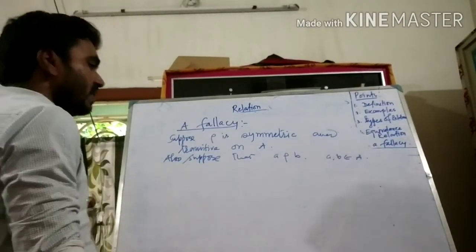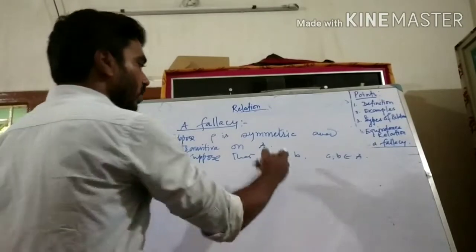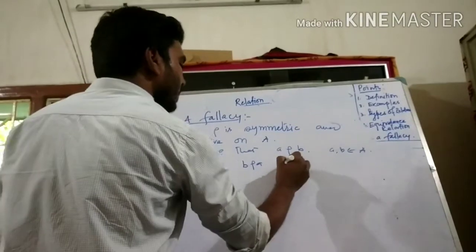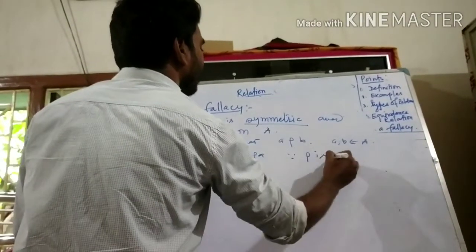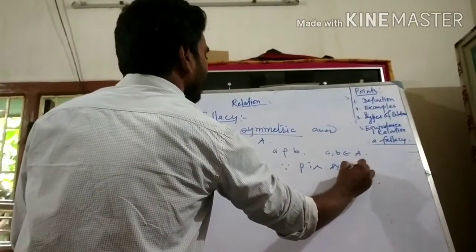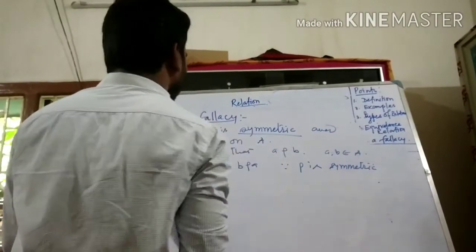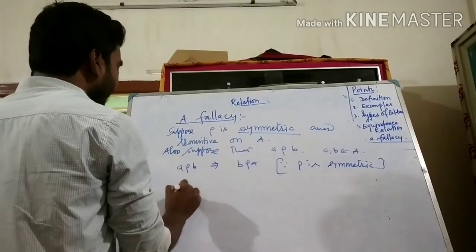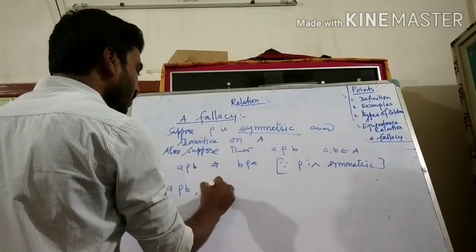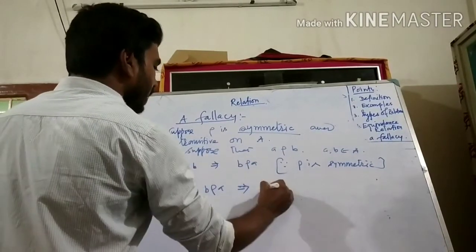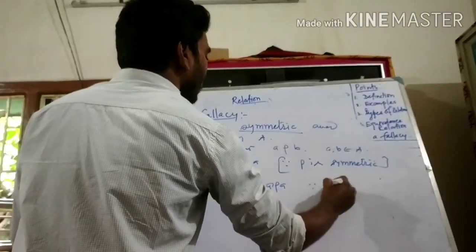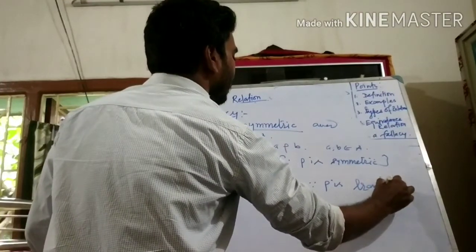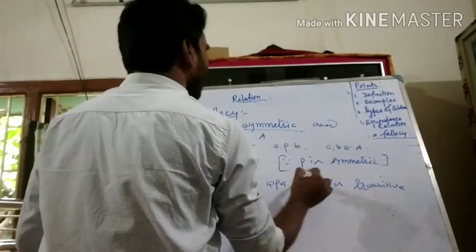Now A rho B implies B rho A, since rho is symmetric. Now A rho B and B rho A together imply A rho A, since rho is transitive.